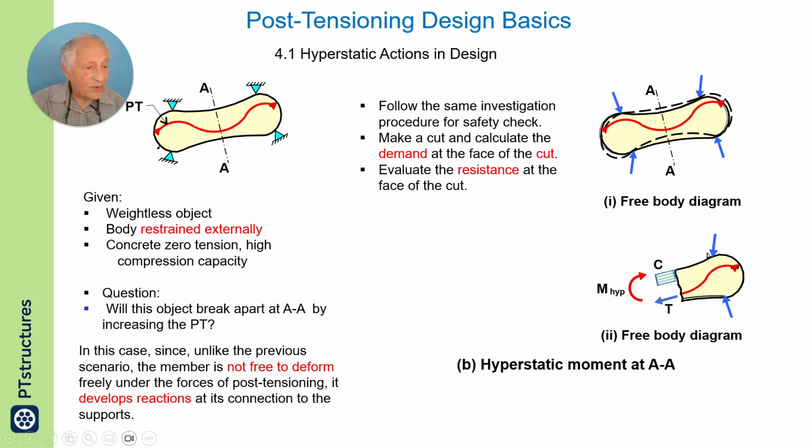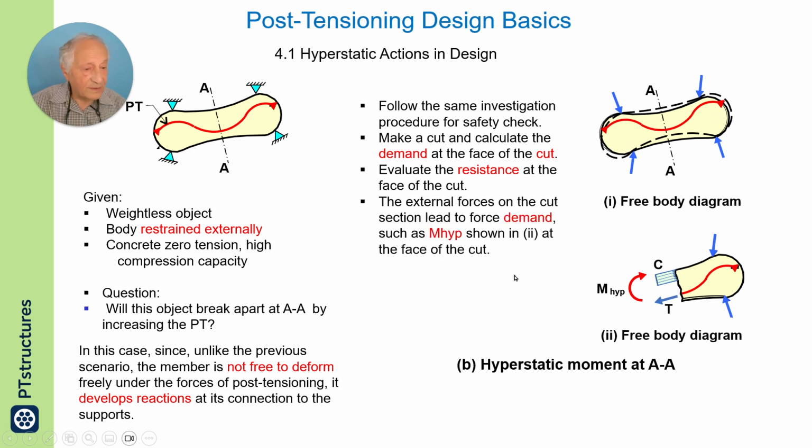Now, going back, the reactions at the support, if I make a cut, will cause a demand. This and this cause a moment at this point. It is the reactions which result in a demand, shown in red here, and the demand will in itself call for resistance.